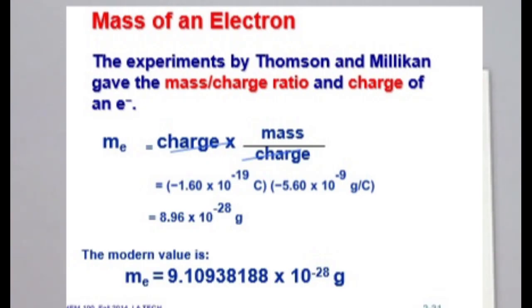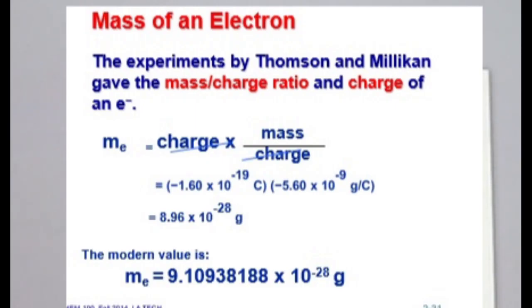All right. I have a question. Now the modern value is this. See? When you multiply anything with a power, you add the powers. How would you get negative 28? I put it in my calculator, okay? And I got the answer.